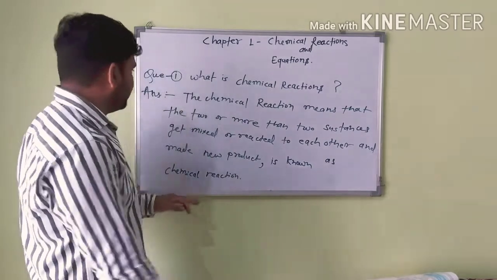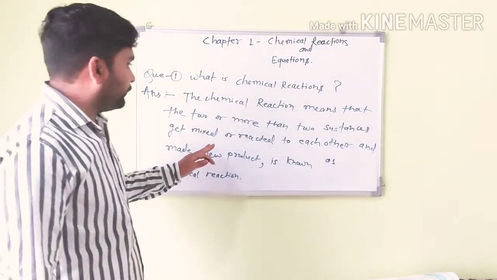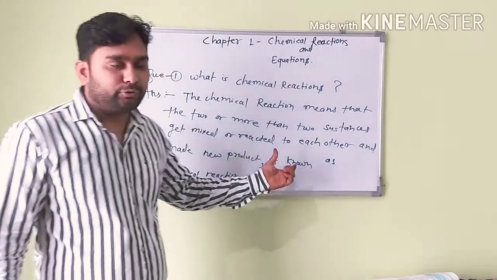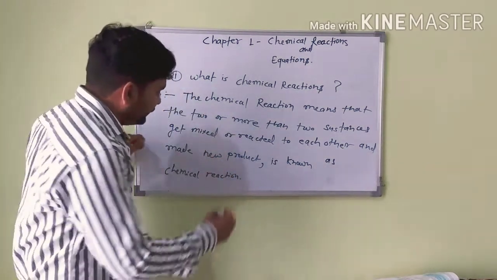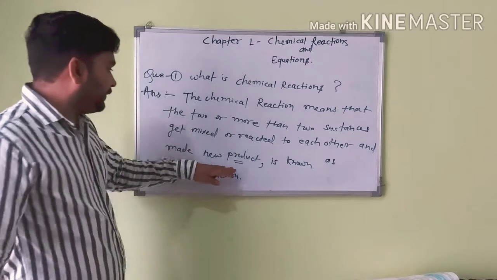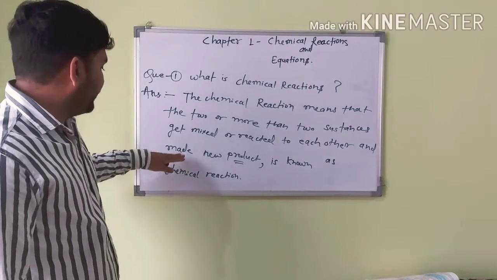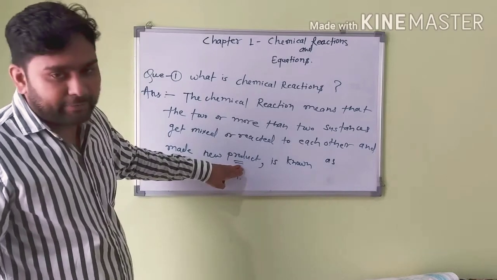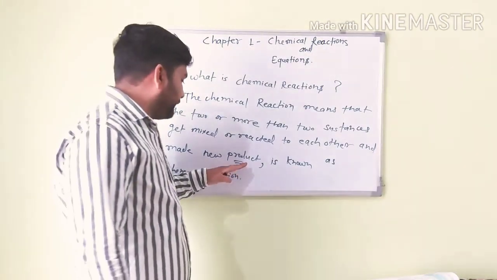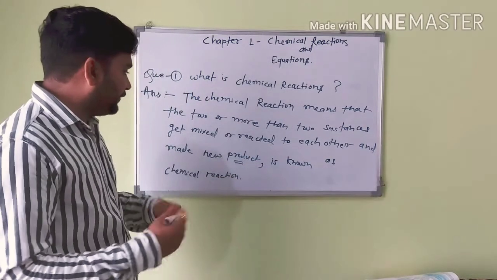Okay, dear students, this is the definition of a chemical reaction. What do we mean by chemical reaction? The different product which is made from the different substances has different properties. Everything is different.